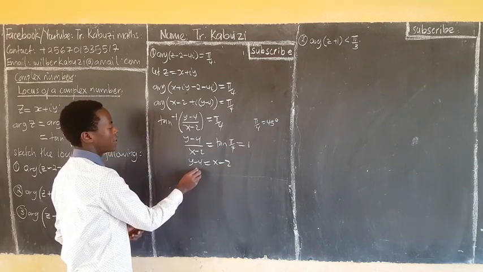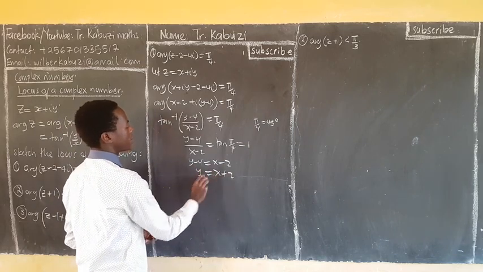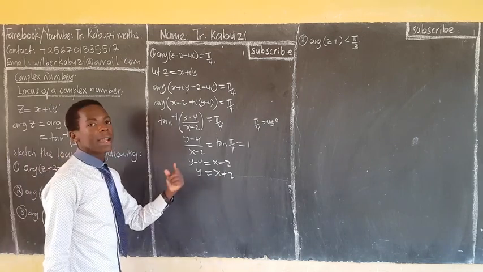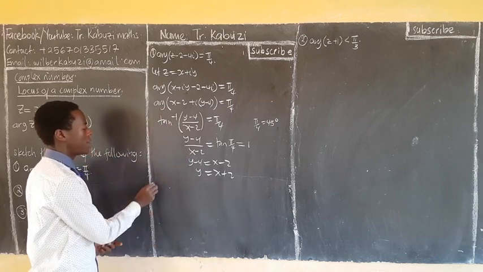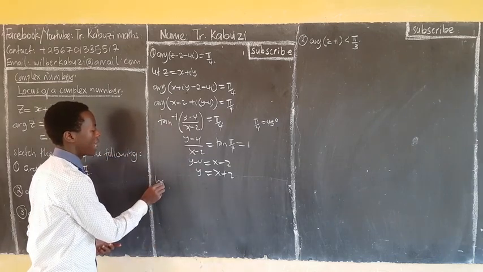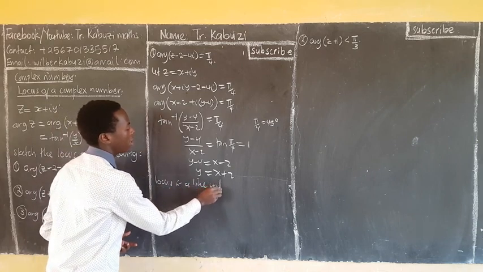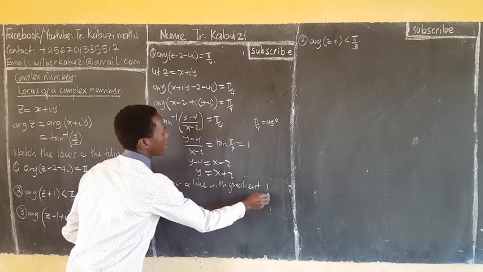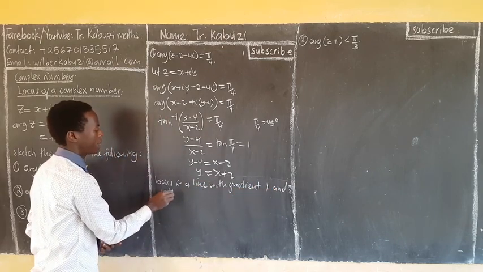Taking everything to the other side, y will be x plus 2. Now we need to describe it. We describe a line using the gradient and intercept. So we say the locus is a line with gradient 1, and the intercept is 2.